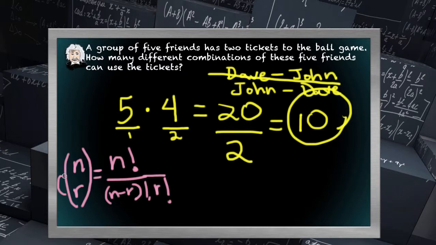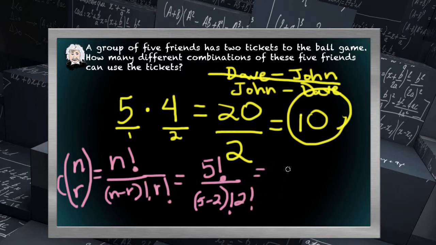This is the combination formula for choosing r objects out of n unlike objects. It's n factorial divided by n minus r factorial times r factorial. In this case, n is 5 friends, factorial, divided by 2 tickets, so 5 minus 2 is n minus r, which is 3, times r, which is 2 factorial.